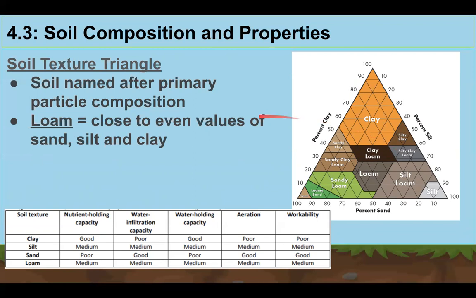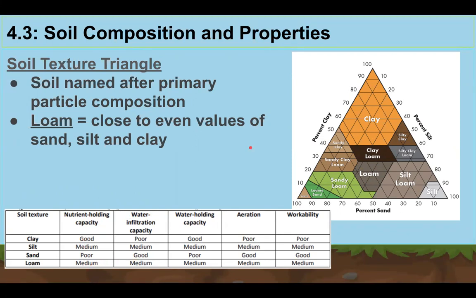Loam is going to have a mixture of all three of these. And that's why loam is typically considered to be the best type of soil, because as you look down here, it's not great at anything, but it's not bad at anything either, right? So it has medium nutrient holding capacity.